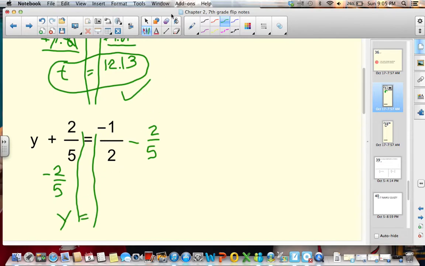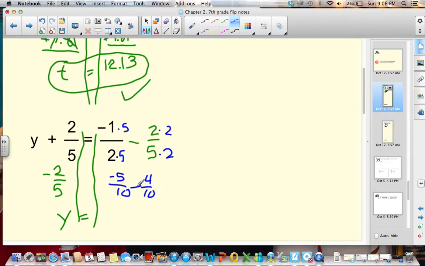I know that 2 and 5 both go into 10, so I'm going to do 2 times 5, negative 1 times 5, 5 times 2, 2 times 2. So I'm going to rewrite it. Negative 5/10 minus 4/10.